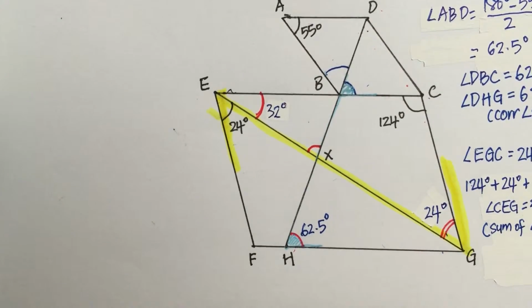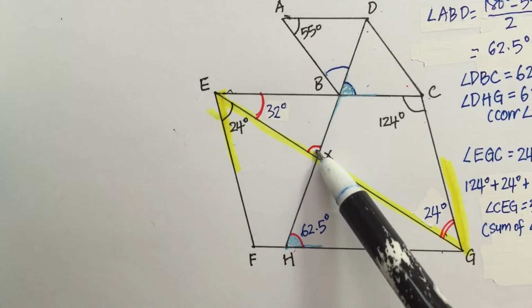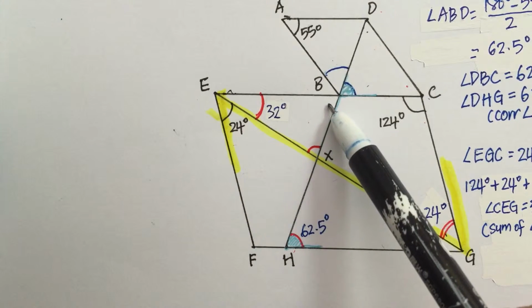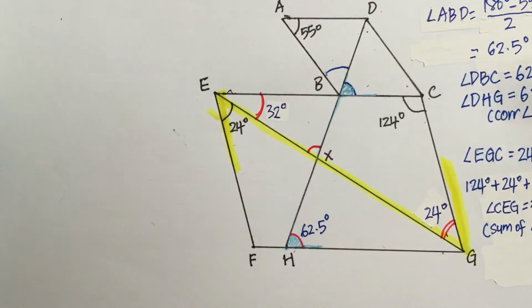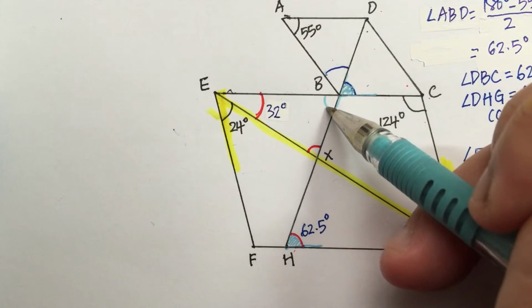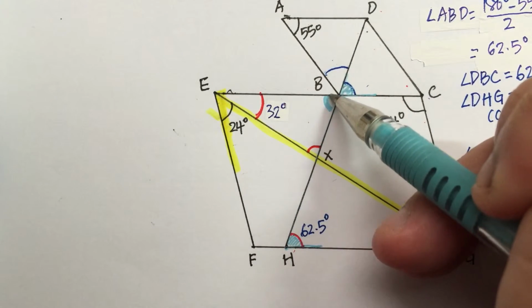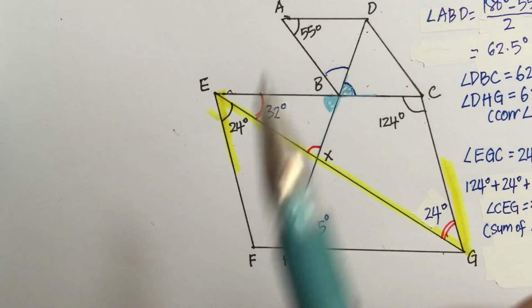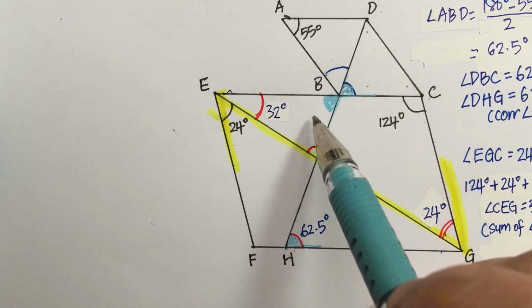Now, we are left with this angle. To find this angle, I can make use of this angle and this angle. So, for this angle, it is also equal to 62.5 degrees.